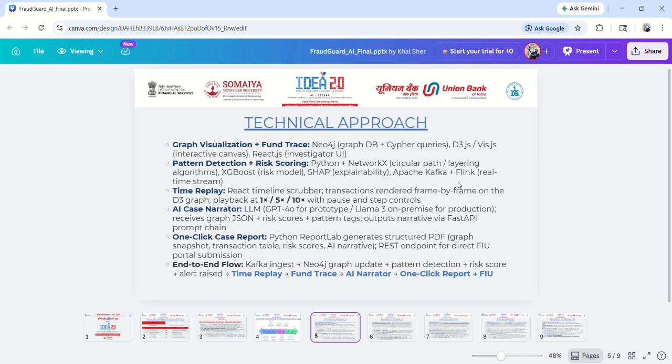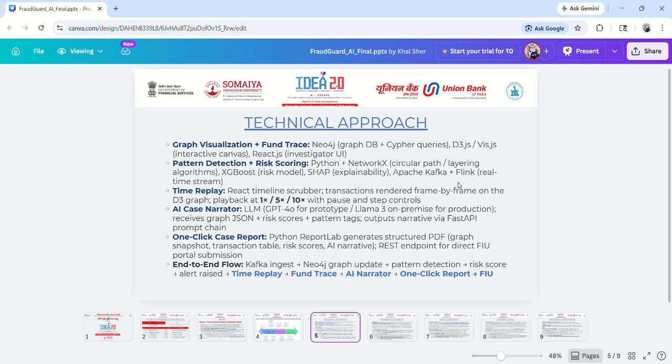Coming to the next slide, which is the technical approach, it explains how our system actually works behind the scenes, step by step. The first one is graph visualization and fund trace. In this, it converts bank transactions into a visual network graph where the accounts are shown as nodes and the transactions are shown as edges. So how are we converting it into a graph?